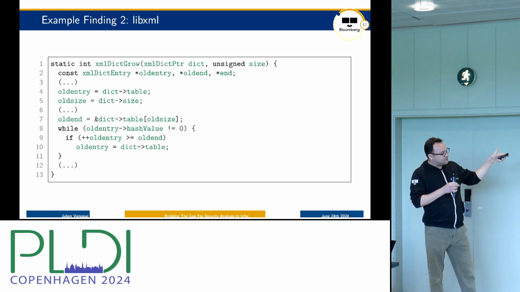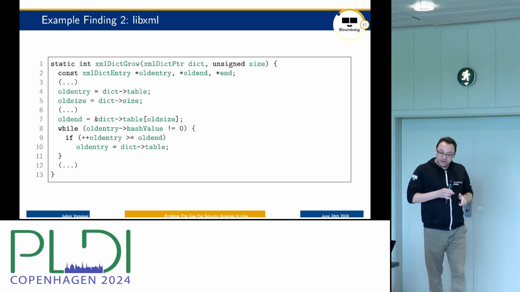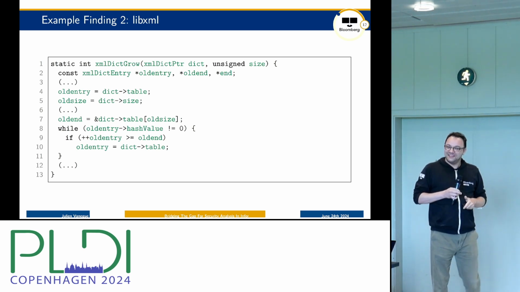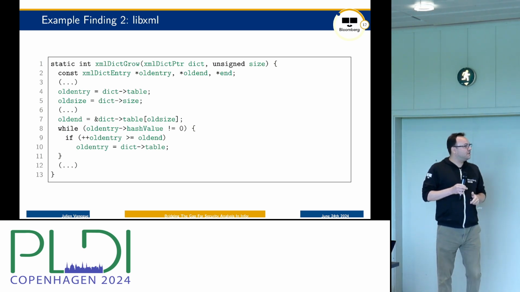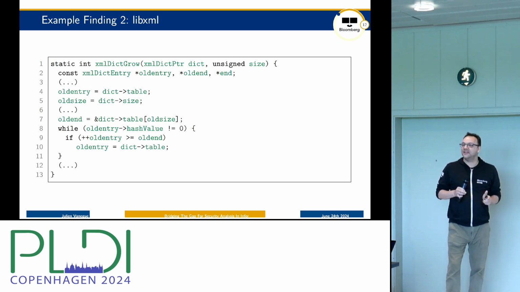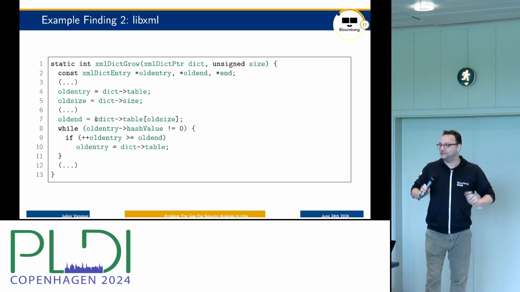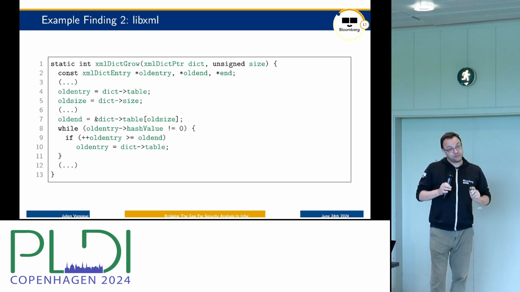If that's true, the old entry gets reset to the original value. So you can see that if this condition is ever entered on lines 9 and 10, then the loop is going to come back to the original state. When I reported this bug to the libxml folks, they told me, oh, but this condition is never entered, it's dead code. I'm like, well, if it's dead code, you should probably remove those lines then.